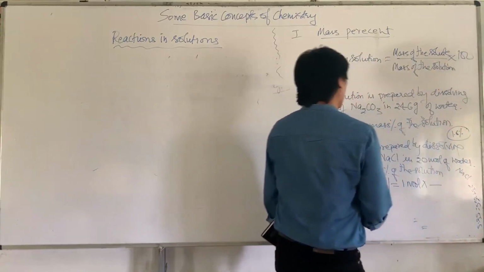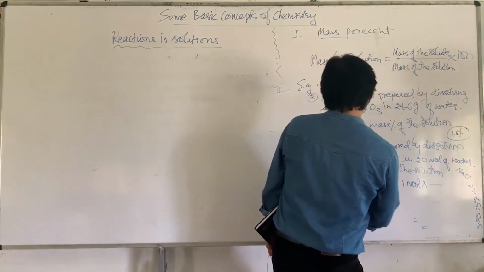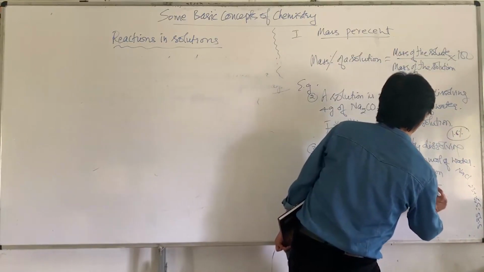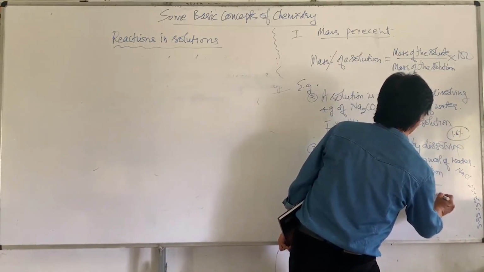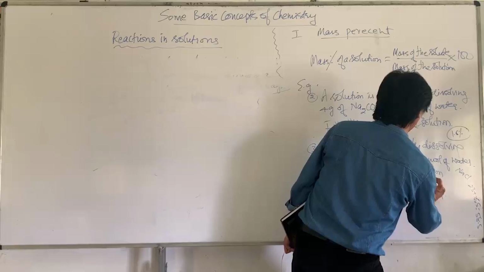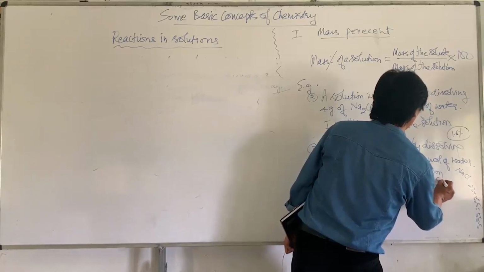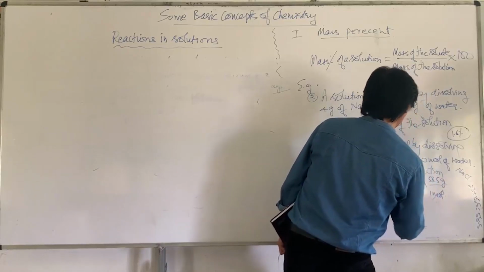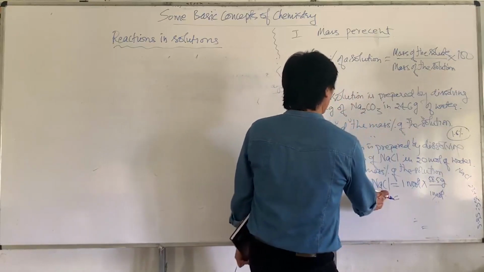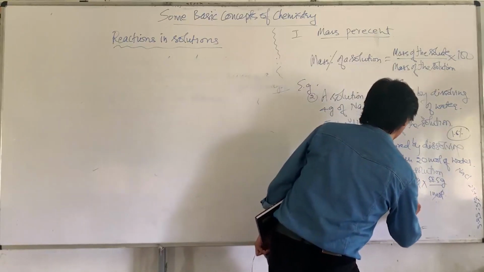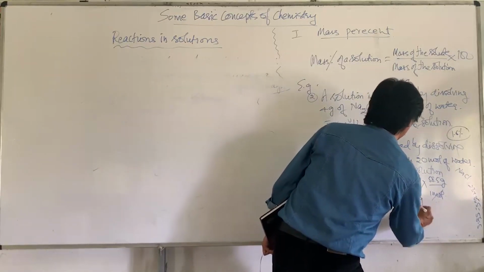So 1 mole of sodium chloride is the same as 58.5 grams. Mole and mole get cancelled. So the mass of sodium chloride is 58.5 grams.